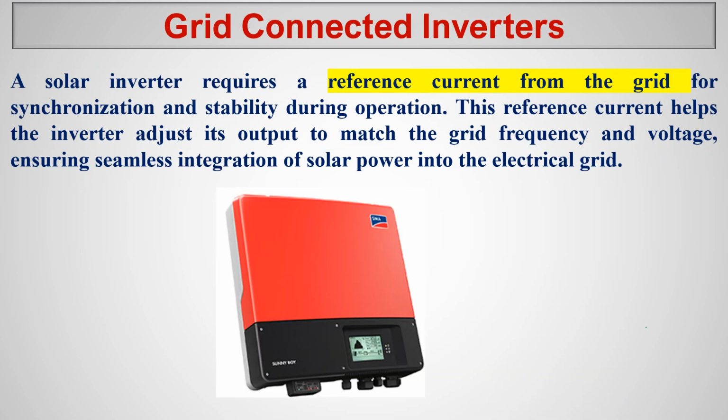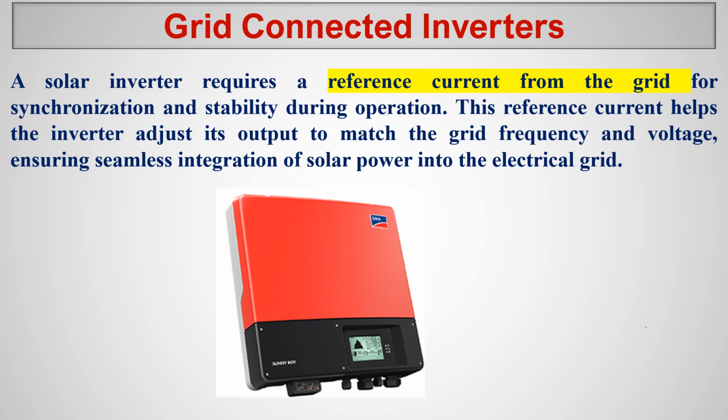Then we go over grid connected inverters. Grid connected inverters are very simple. They use the grid supply as the power reference, the voltage and current references, and use that grid energy to initiate the process of converting DC into AC.